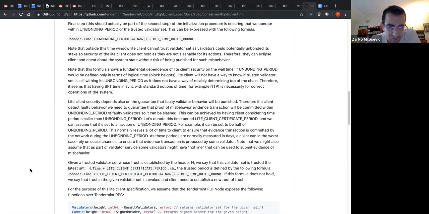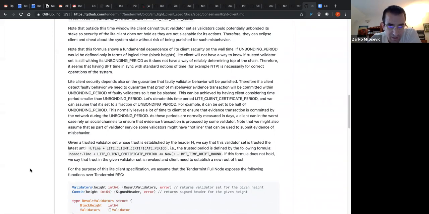And then there are strong incentives for validators not to misbehave towards the light client, because it has a way to share this with the world in a reasonable time frame, and then they can be punished.